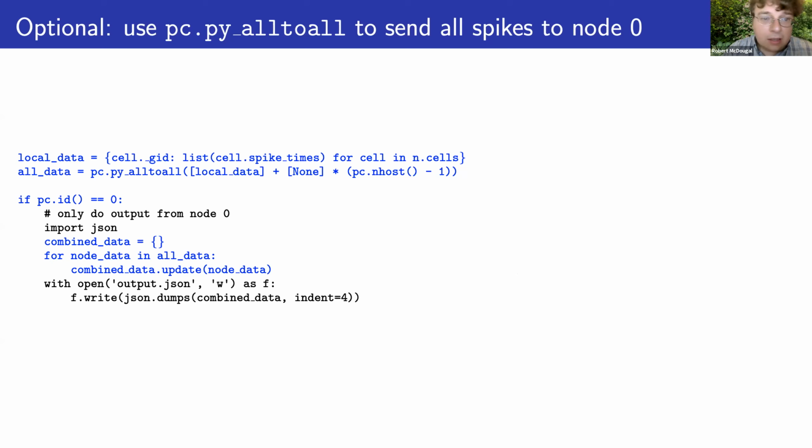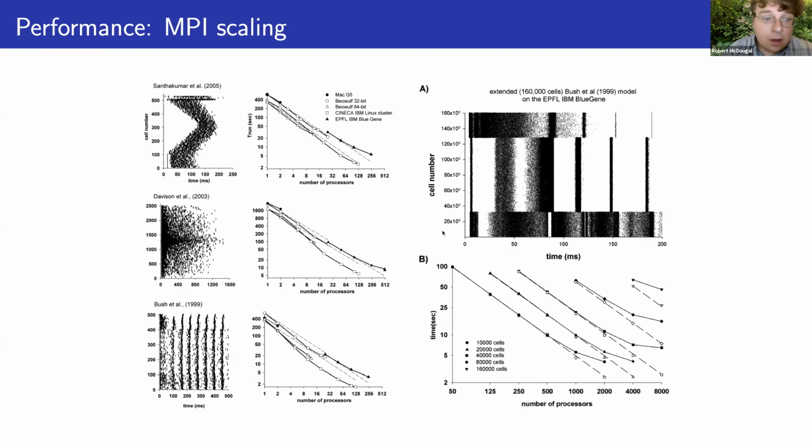All right. So performance-wise, how does this work? Well, it really depends on the scale of your model. We've done a whole bunch of experiments taking simple models and scaling them up. And what you'll see is that NEURON scales to potentially thousands of processors if your model's big enough.